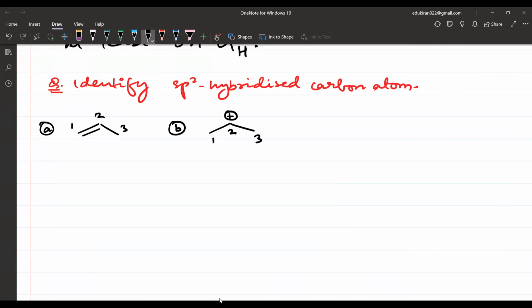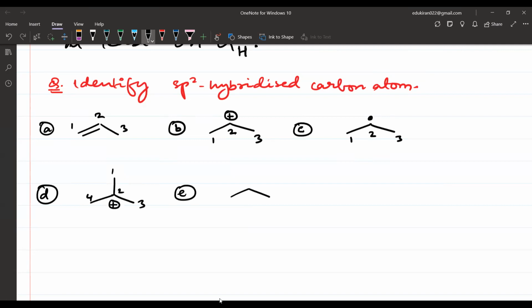One, two, three, four. You have to first of all identify the sp2 hybridized carbon atom. I will give you 3 minutes for this.